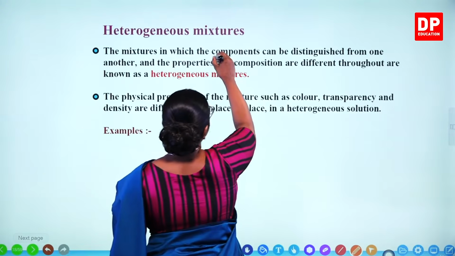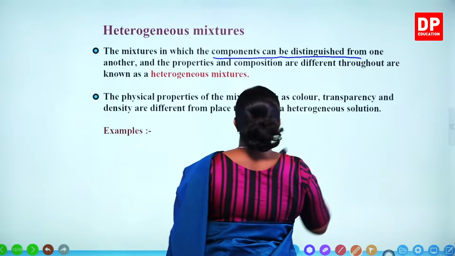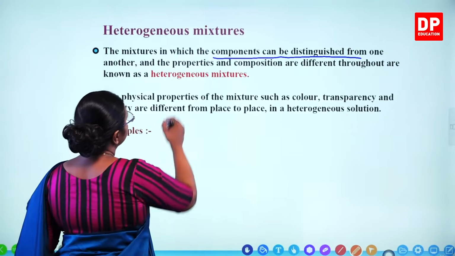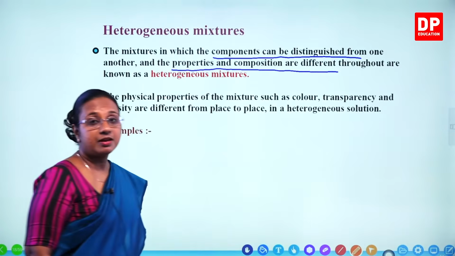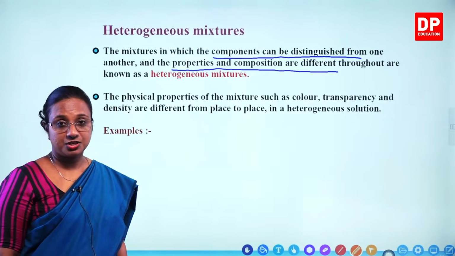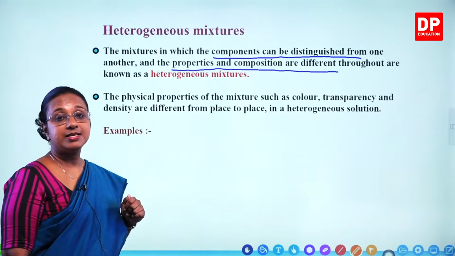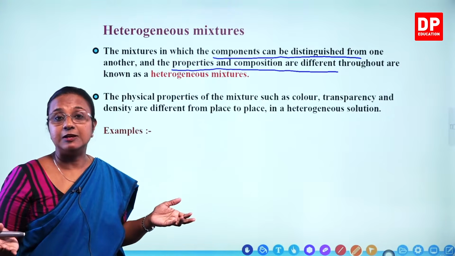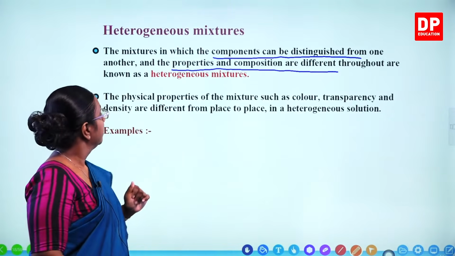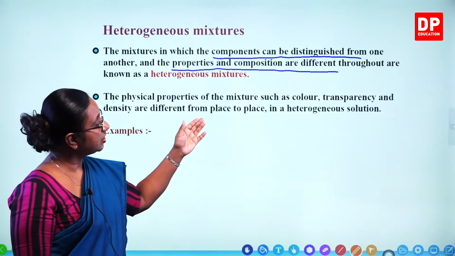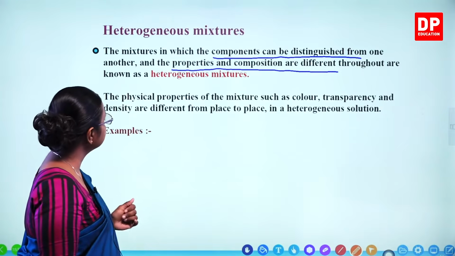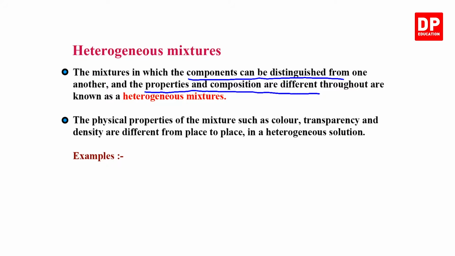Hetero, I said, is different. That's the meaning of the name. The physical properties of the mixture such as color, transparency and density are different from place to place in a heterogeneous mixture.